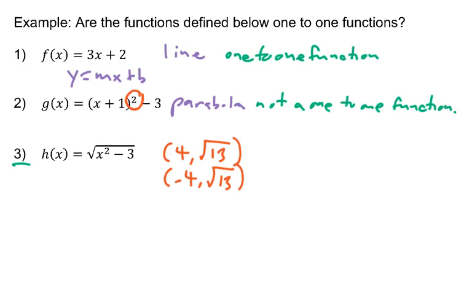So when I saw that x squared in the radicand, that immediately brought to mind that whether my x was positive or negative, the y value would be the same. I'd have the same y coordinate, the same second coordinate, and that means that it would not be 1-to-1. So even though I don't immediately recognize the graph, I can still think about the ordered pairs and recognize that this is not a 1-to-1 function.